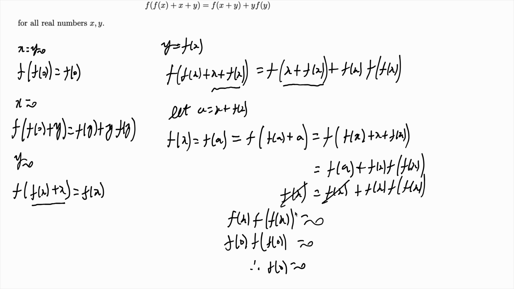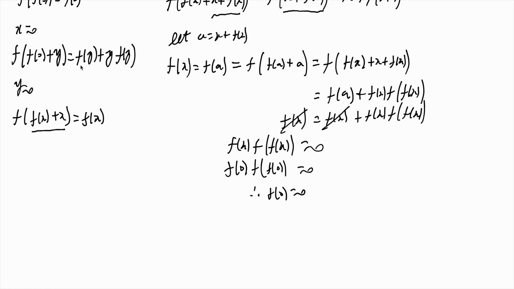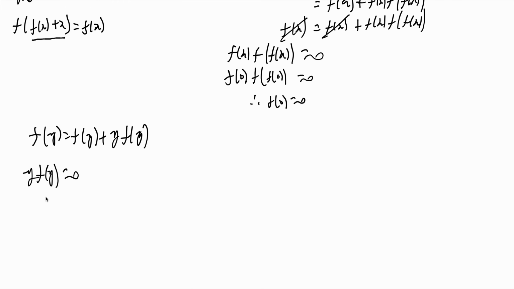Now let's utilize this equation, because we used this one and this one, but we have not used this one yet. And notice that f(0) equals 0. Therefore, we have f(y) equals f(y) plus y f(y). In other words, f(y) times y equals 0, always. So this implies that y equals 0, or f(y) equals 0 for all y not equal to 0, and y, of course, real numbers.